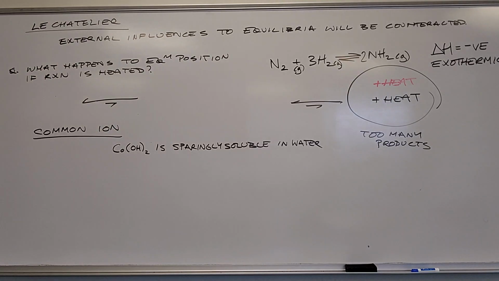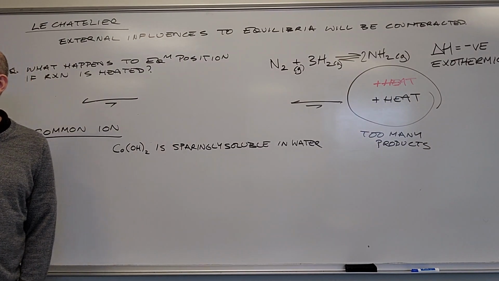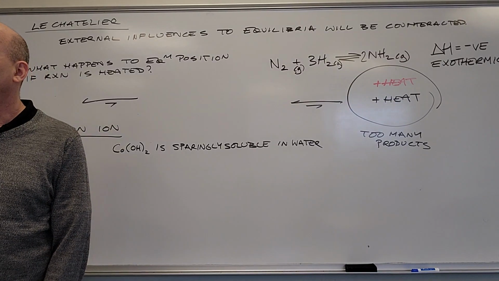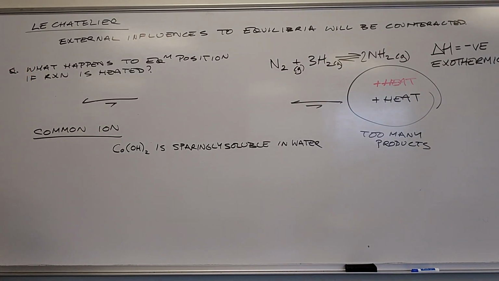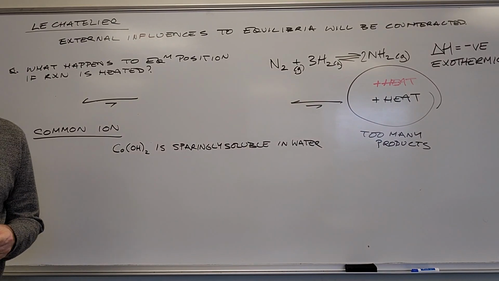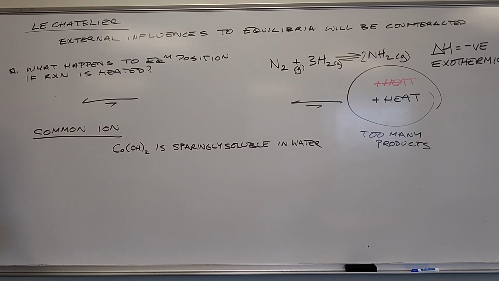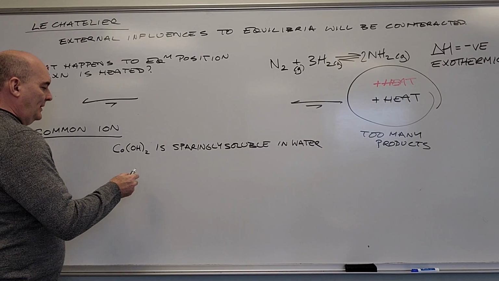All ammonium salts are soluble. All sodium salts are soluble. All potassium salts are soluble. Most chlorides are soluble. Most sulfates are soluble. Most hydroxides are insoluble. The fact that we have sodium hydroxide as a base is thanks to it being a sodium salt, not thanks to it being a hydroxide. Most hydroxides are insoluble. So here's cobalt hydroxide, and it is only slightly soluble in water.